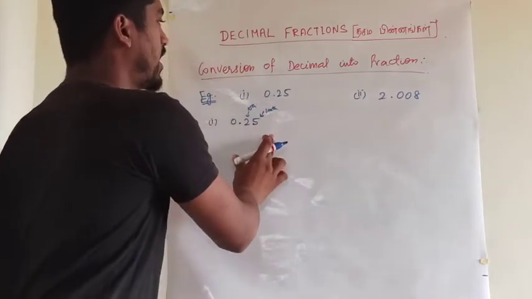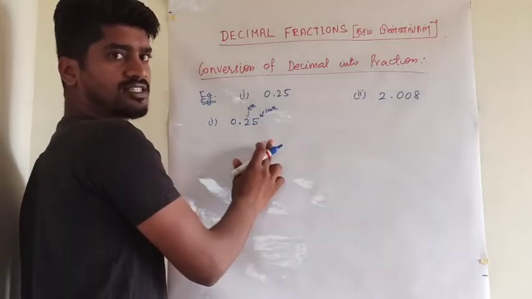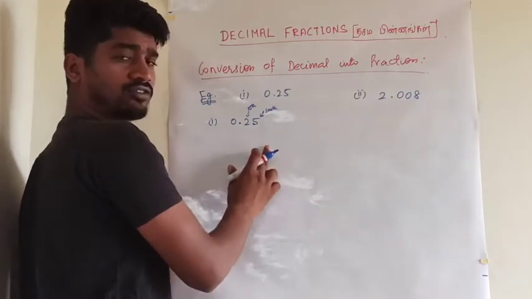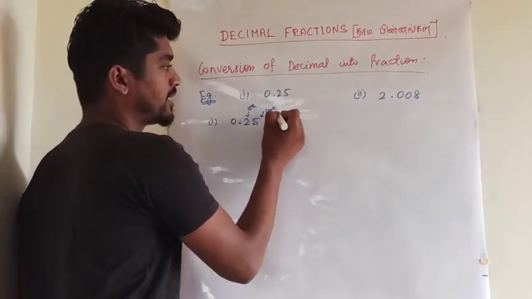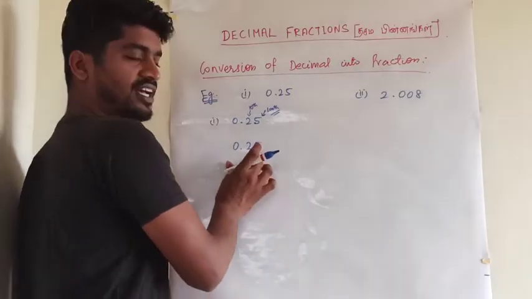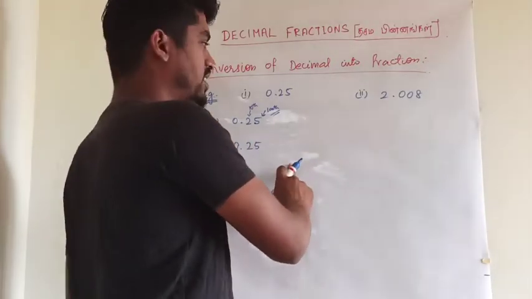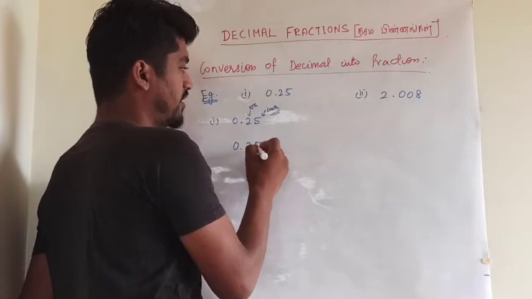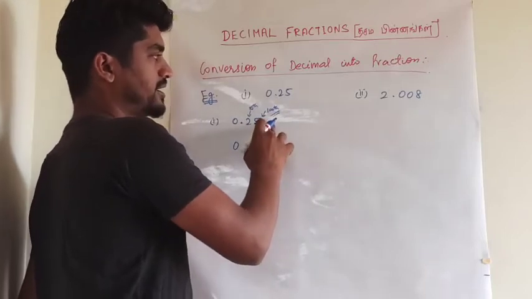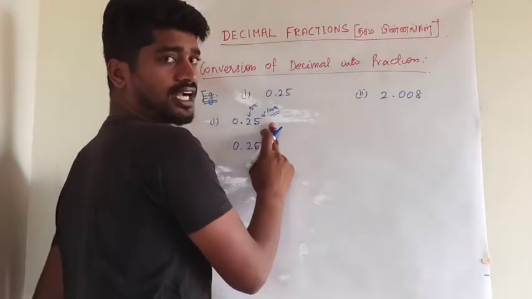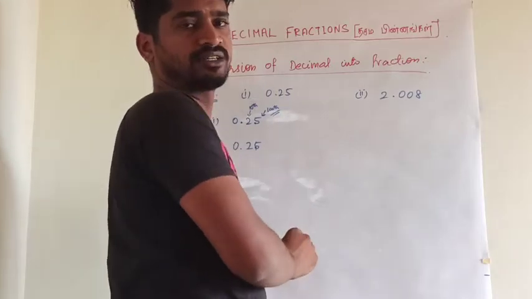So we have to convert it into a whole number. We have to multiply by 100. How to convert this decimal value into the fractional value? Here we have to multiply by 100, and at the same time divide it by 100.